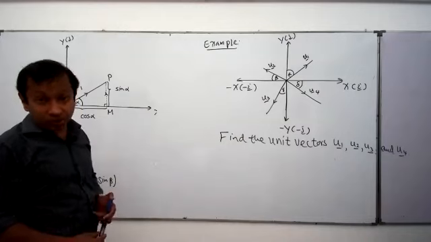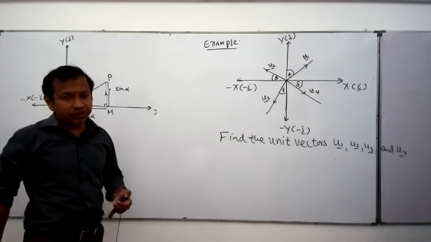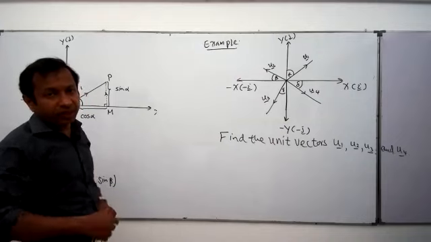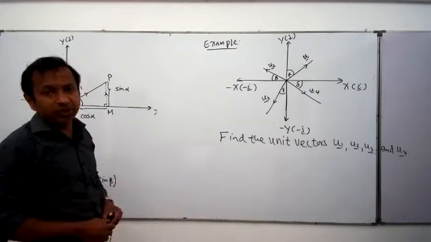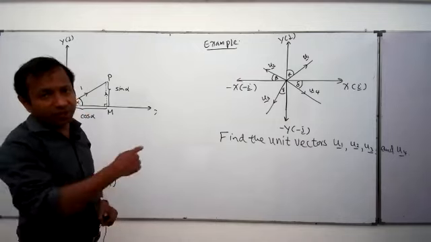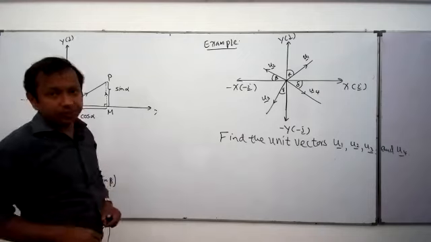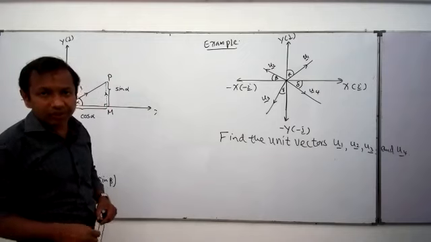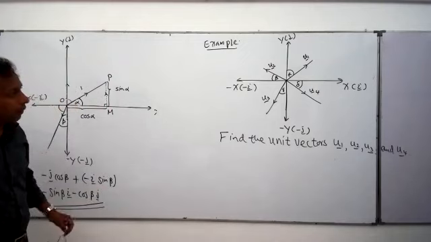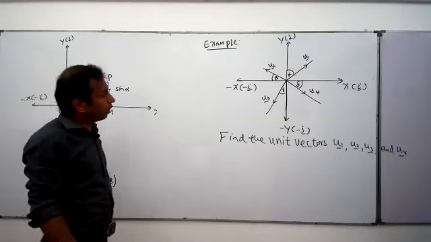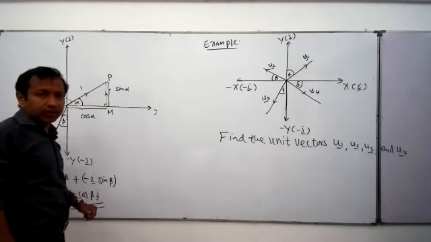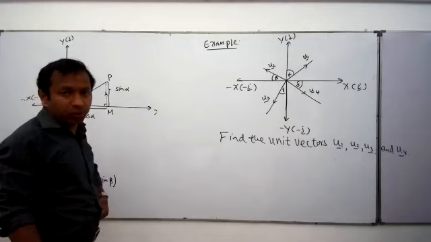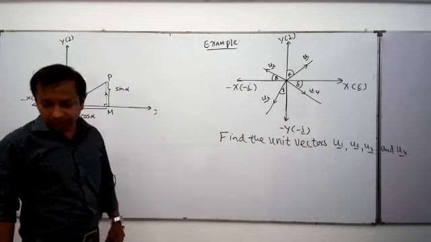Sometimes you will not get that kind of question in your term test. But at the end of the syllabus, when we do a bigger question, one part of that question will need this theory. At that occasion, if you don't know how to write this, people, you will find inconvenience. So now can you write u1, u2, u3 and u4 the way I illustrated here? I'll give you 2 minutes, people, write down the 4 unit vectors.